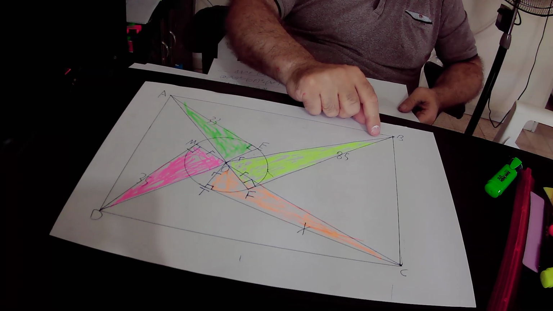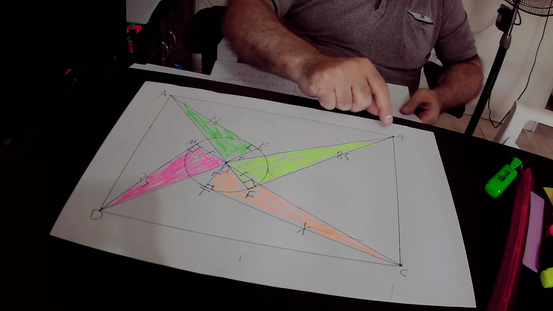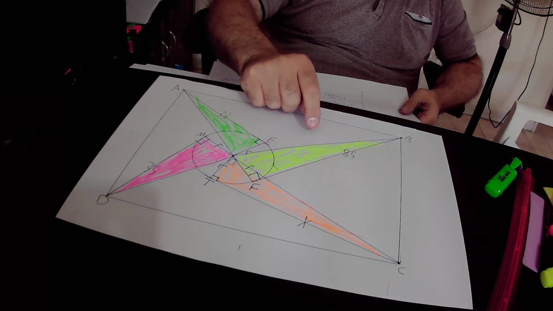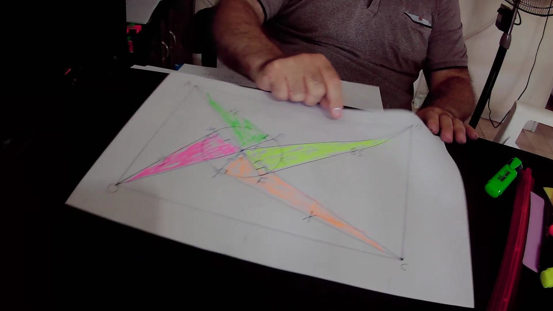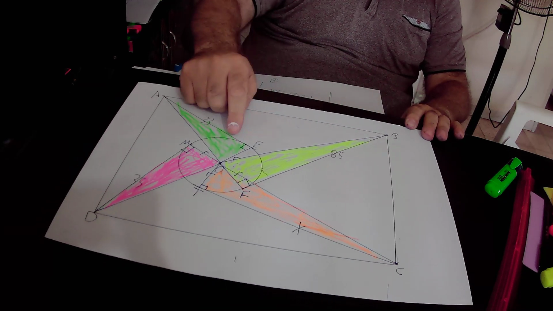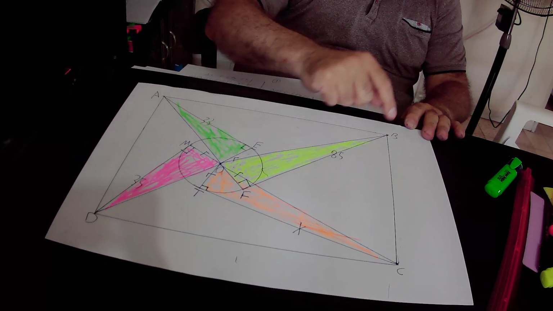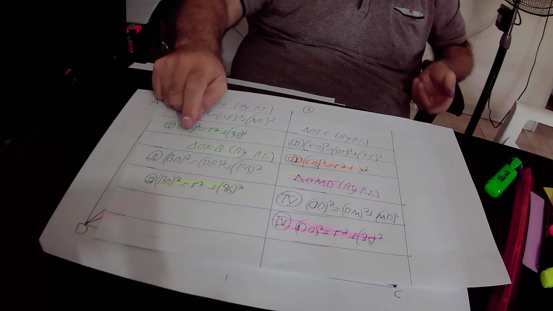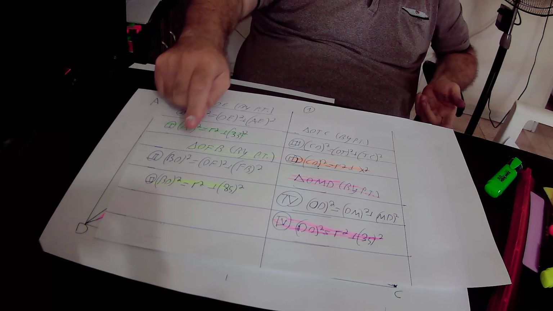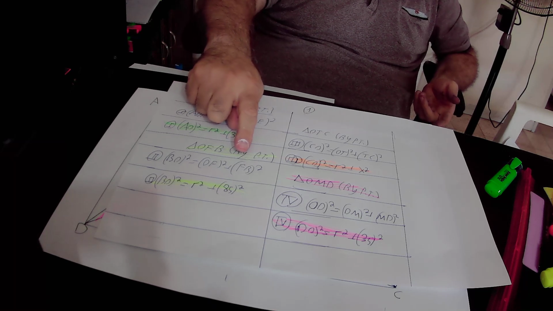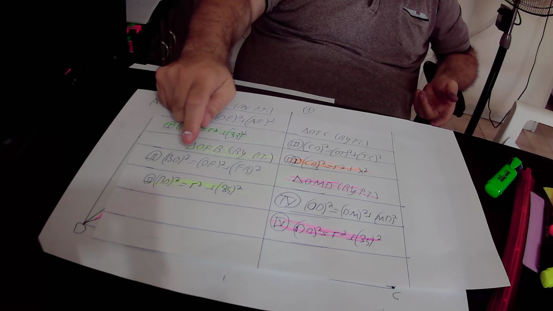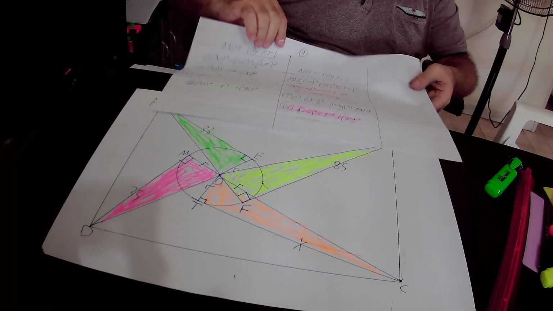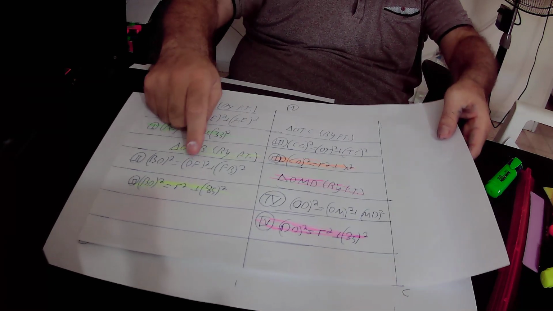Then we joined points O and B together by a straight line. In this way, we created the yellow right triangle BOF. In the yellow right triangle BOF, according to the Pythagoras theorem, BO square equals OF square plus FB square. OF equals R, therefore OF square is R square.